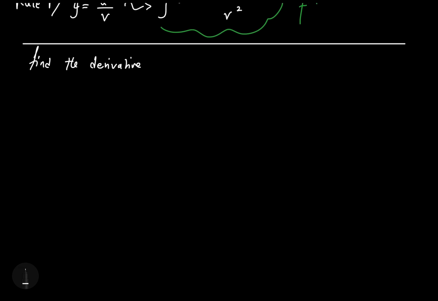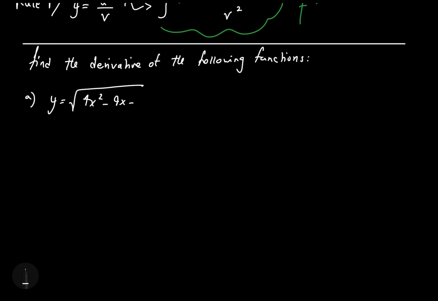We sometimes take two derivatives, and we call that the second derivative. If you take the derivative 3 times of a function, we call that the third derivative. But nonetheless, we're finding the first derivative of the following functions. So for example, y equals the square root of 4x squared minus 9x plus 1.